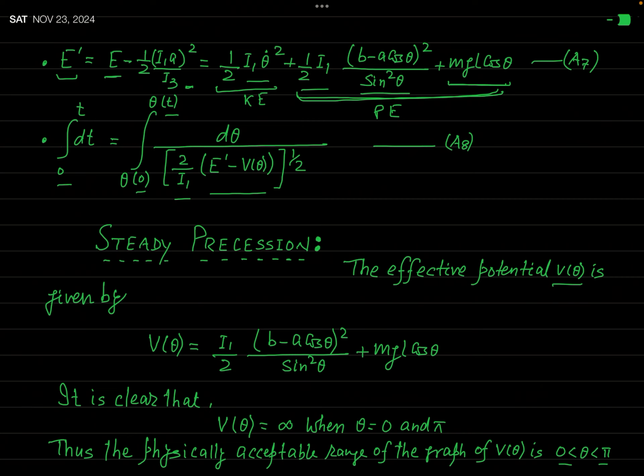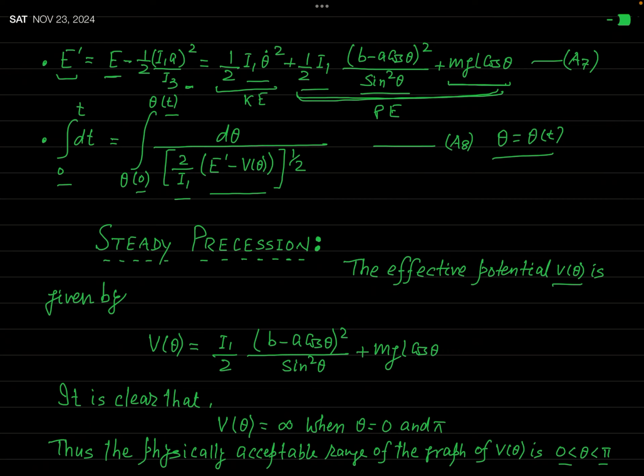After looking at this integral, it is obvious that theta is theta of t. It means this equation in principle can be solved to obtain theta as a function of time. That is, we can obtain theta equal to theta of t.